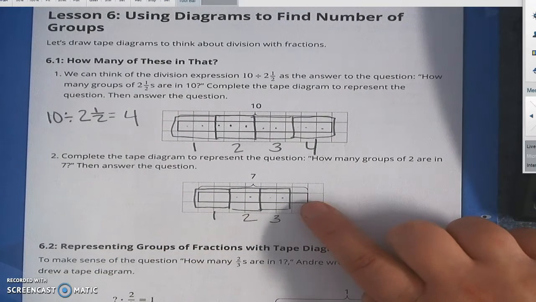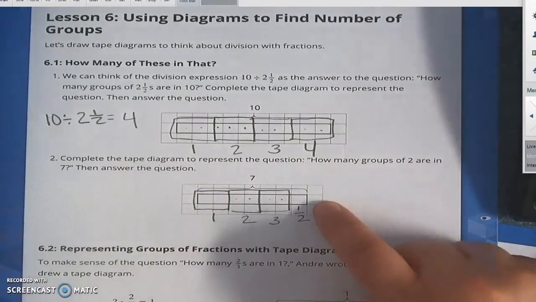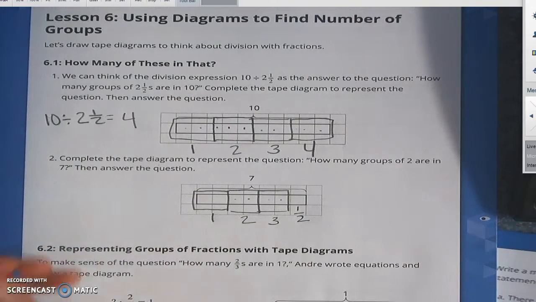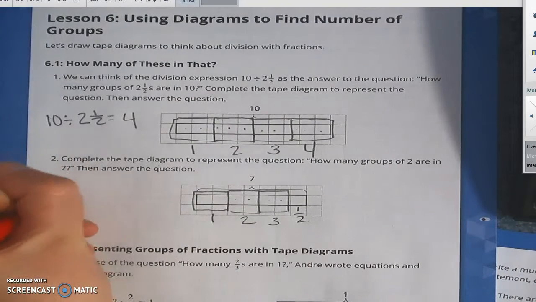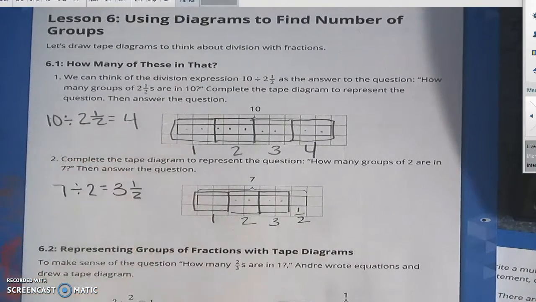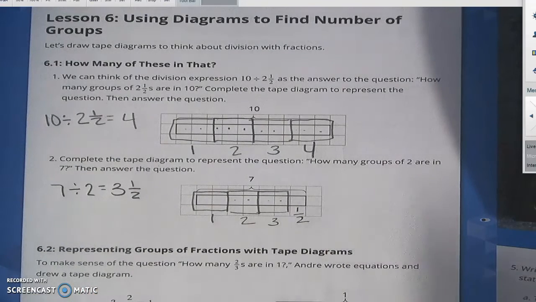I only have 1 out of the 2 squares, so this can make 1/2 of a group. So this answer is 3½ and we can write this as 7 divided by 2 equals 3½. And these are going to kind of serve as your models on the next page when you're drawing your own tape diagrams. So copy this down.